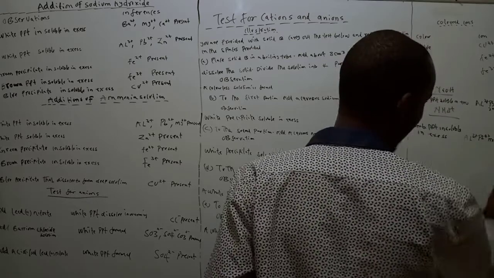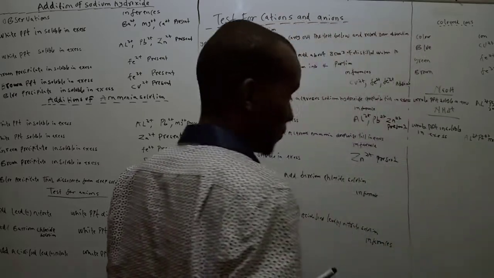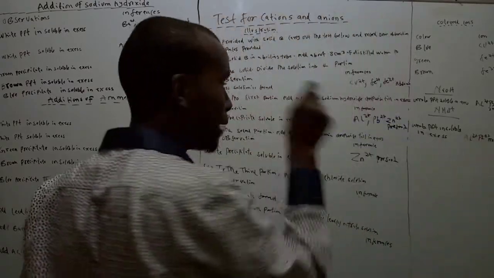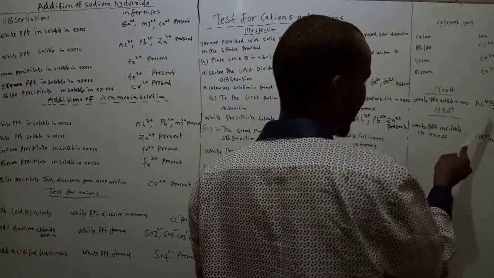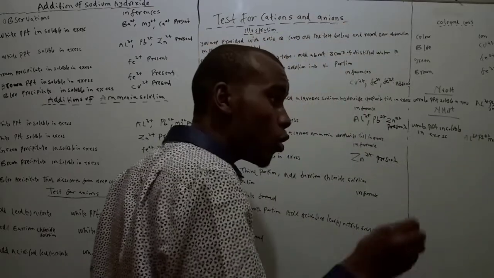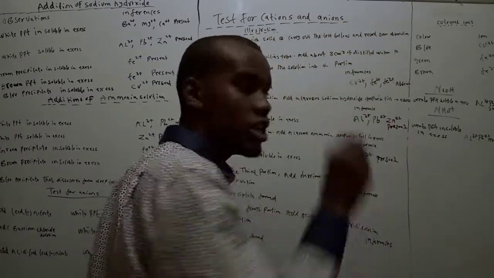If you write magnesium as present, this is wrong, because here we have already written that it is aluminium, lead, and zinc present. Now we can't introduce a new cation.